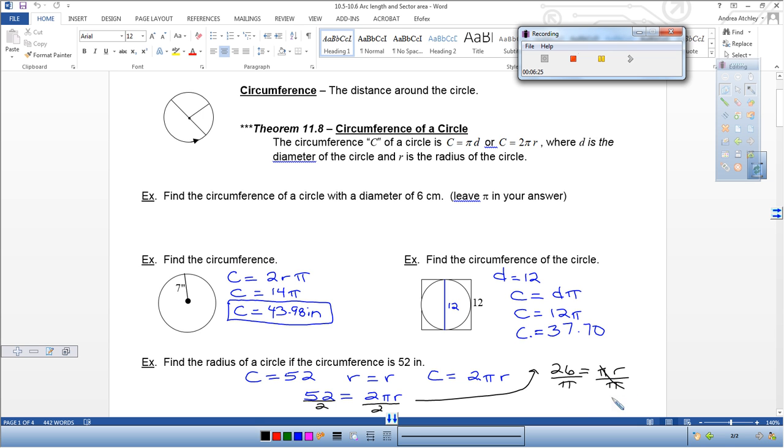So then this will cancel out and get my radius equals 8.28, and then units. Any questions over that? It's fairly simple.